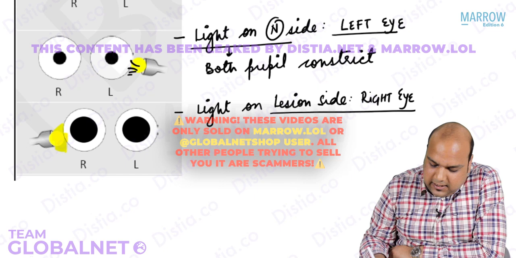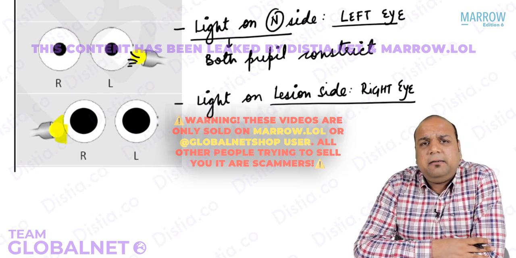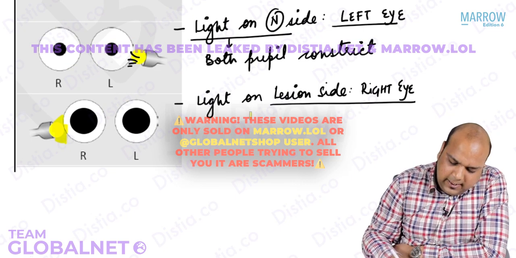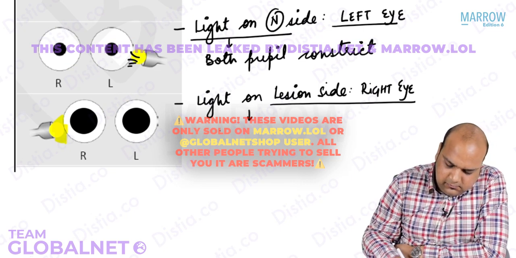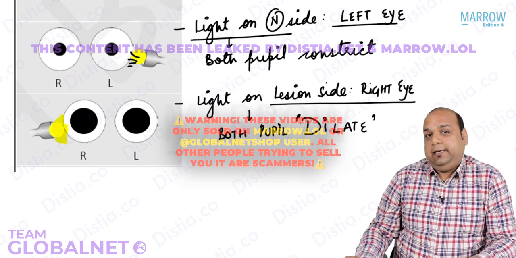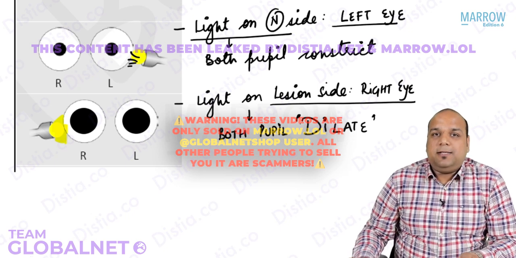We can see that both the pupils have dilated. Yes or no? So let me write, both the pupils dilate. But the question comes, sir, why do both the pupils dilate? That is what we want to answer here.